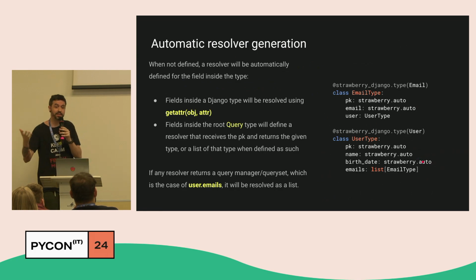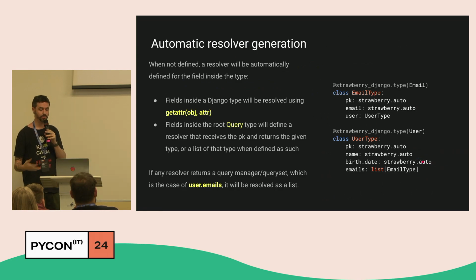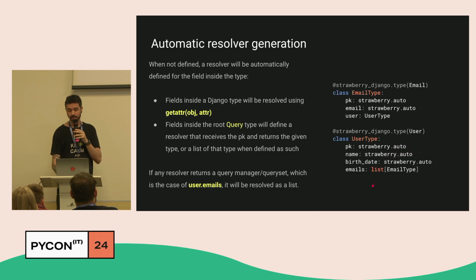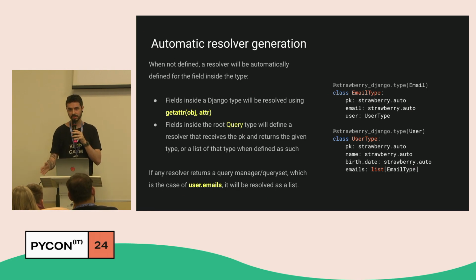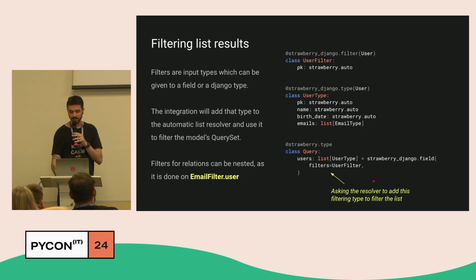It has automatic resolver generation, as I also showed you before. You don't need to worry about resolving the user's emails unless you want to restrict it. And I do have a good example that is coming soon.